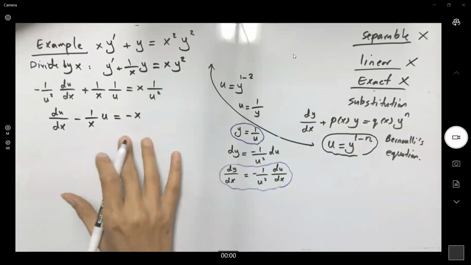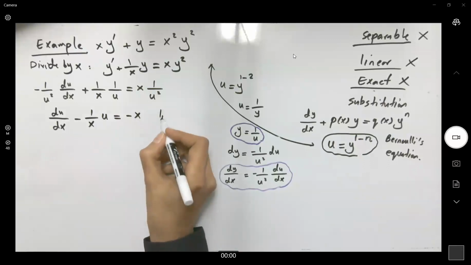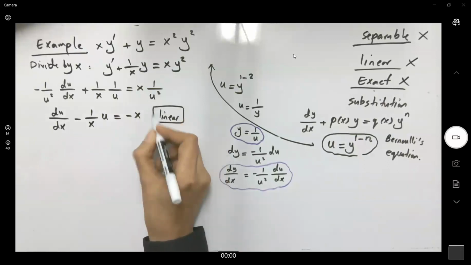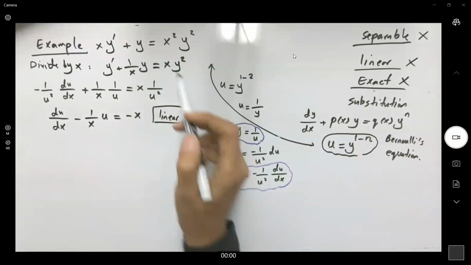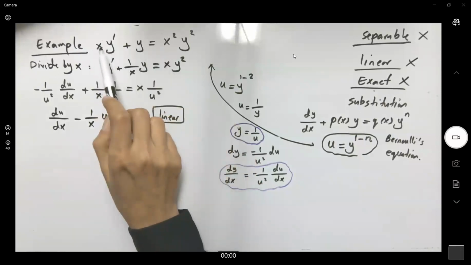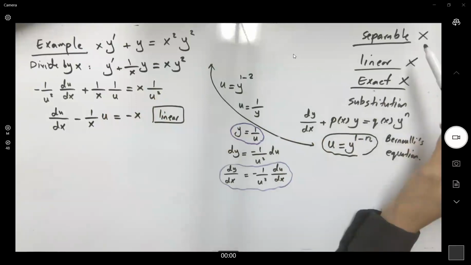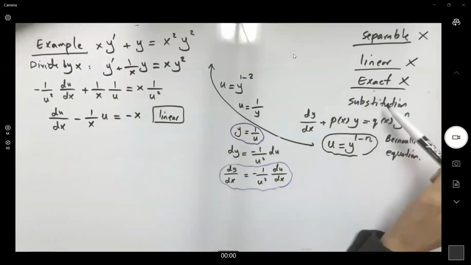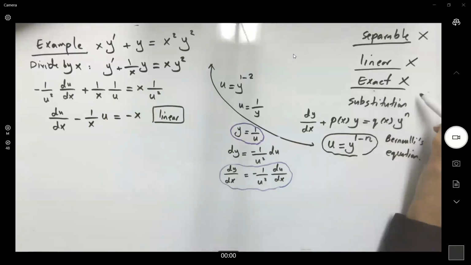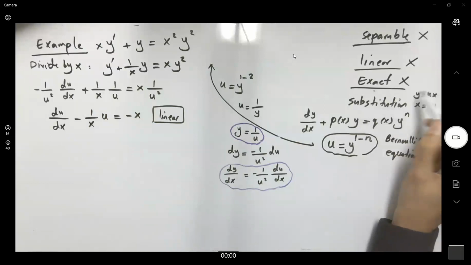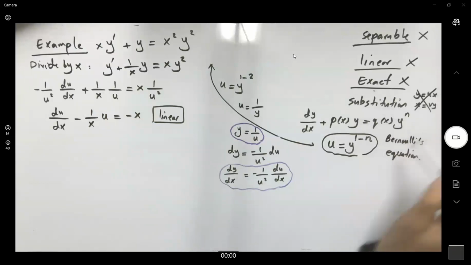Well, this is similar to a linear first order differential equation. So take a look at this. You had a differential equation that was not separable, not linear, not exact. So we check to see if we can somehow use substitution. The substitution y equals ux, ux equals, for example, vy, or the linear combination didn't work for us.